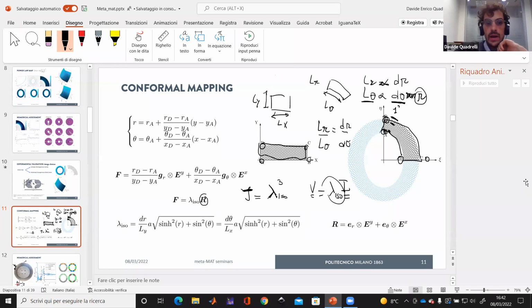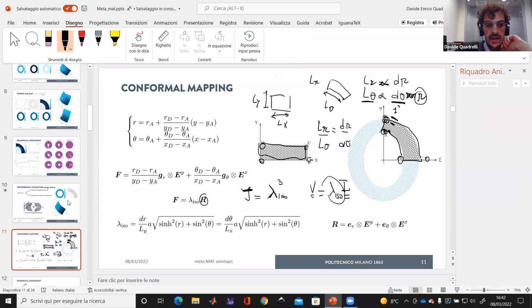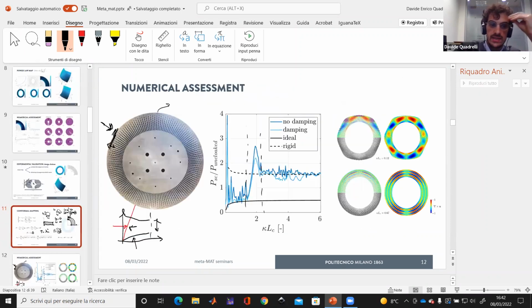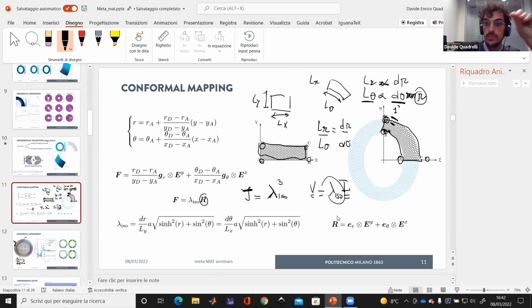So all in all, maybe someone can say that this approach in elliptical coordinates has drawbacks, and of course it has, because you cannot reach perfect cloaking, but it also gives you a systematic way to deal with some problems you get when you have the non-axisymmetrical cloak.